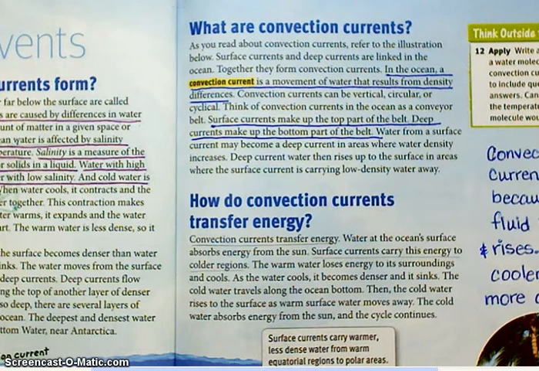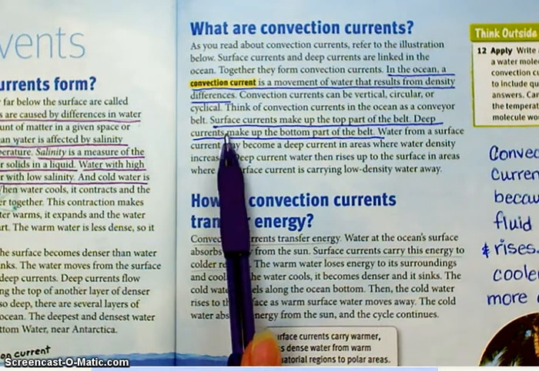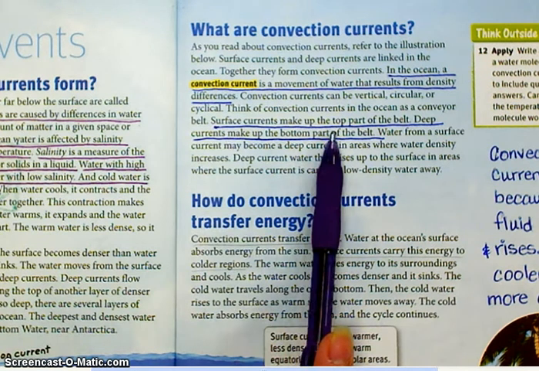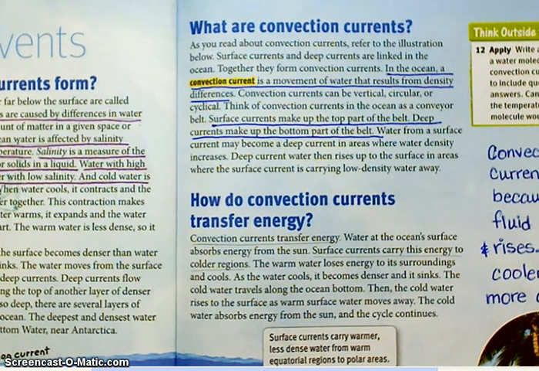Okay? All right. When we get a convection current set up, it's like a giant circulating loop, and surface currents make up the top part of that conveyor belt, and deep currents typically make up the bottom part of the belt. Okay?